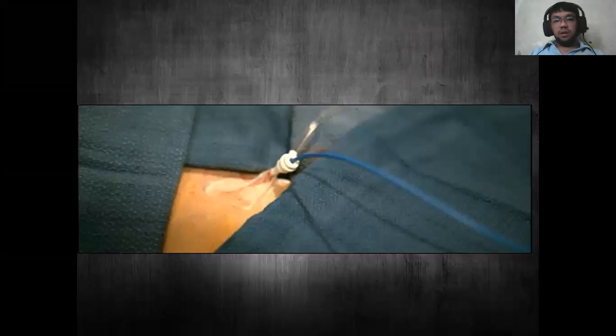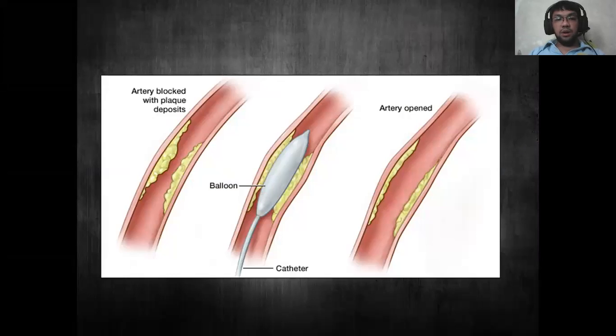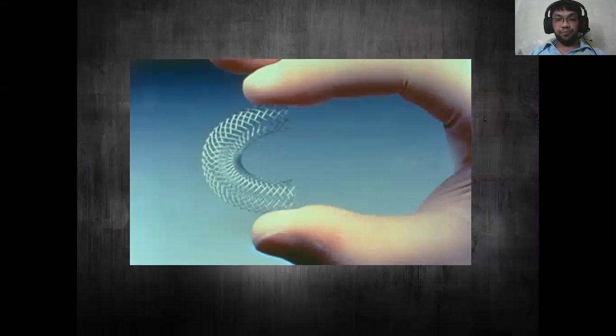So here, they're going to insert a balloon tip catheter in order to do this transluminal angioplasty. This balloon tip catheter will cause the plaque to be flattened by the balloon in order to increase the lumen of the affected blood vessel.